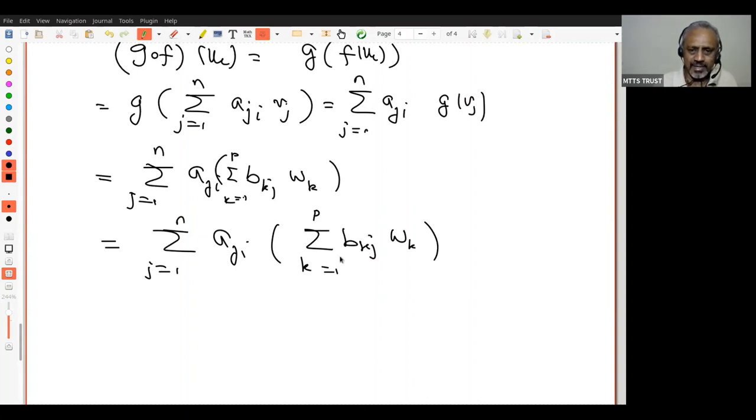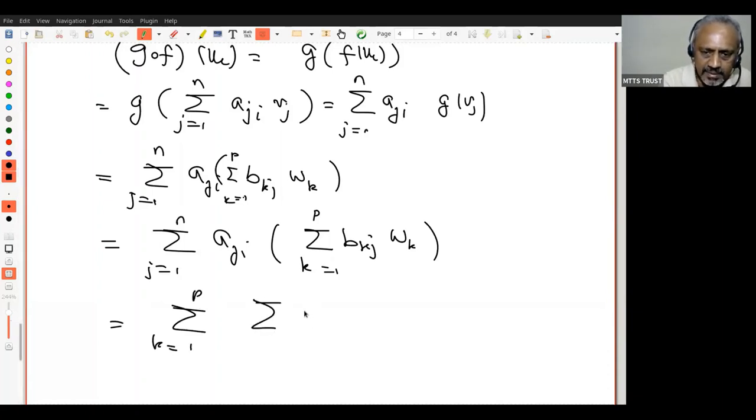What do I do? I write each of those things as a complete expansion and then add column wise, therefore w1 etc. comes. Okay, now I'm not going to do it. Enough is enough. Now I can write it as summation k equal to 1 to p of the summation b_kj a_j, j running from 1 to n, into w_k.